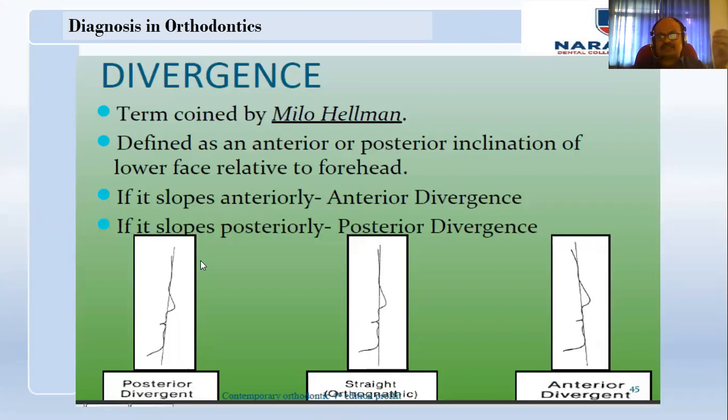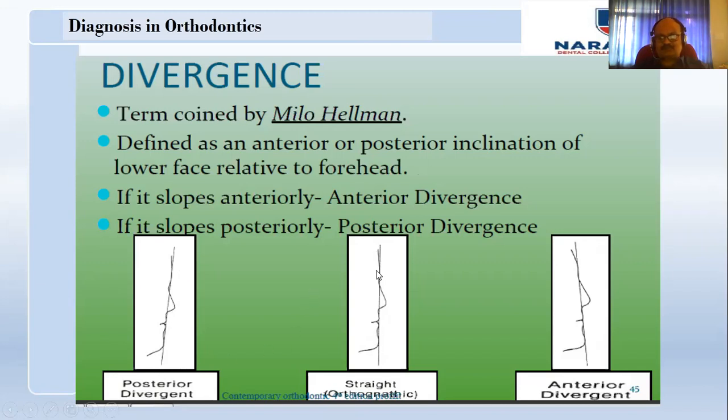So divergence is defined as the anterior posterior inclination of the lower face in relation to the forehead. You are not including the maxilla. If your mandible or the chin point slopes backwards, it is called backwardly positioned or posterior divergent.